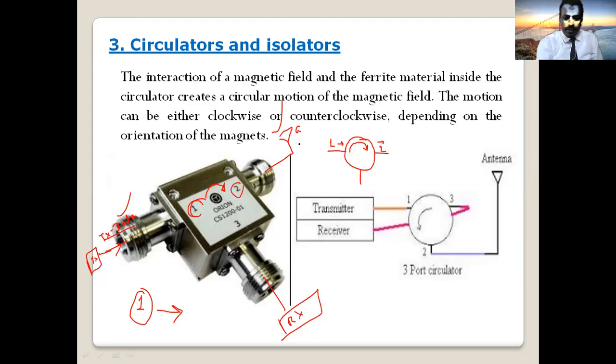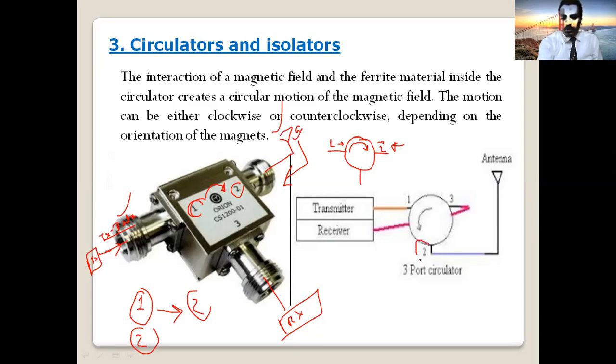Now what will happen if a signal comes from the antenna side? From port, what's port 2? Our antenna. So now if a signal comes from this side, what will happen? Is it going to the transmitter or going to the receiver? Port 1 goes to port 2 output. If a signal comes from port 2, what's our port 2? Antenna here, okay?